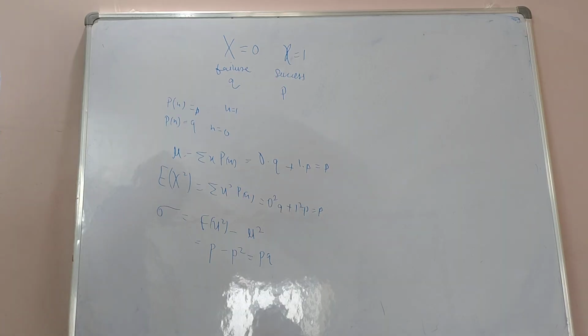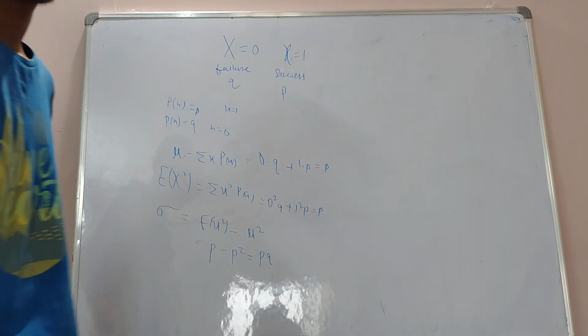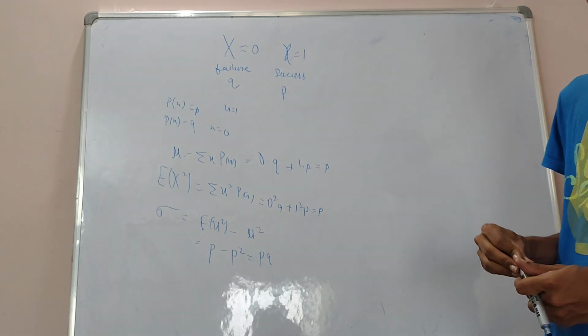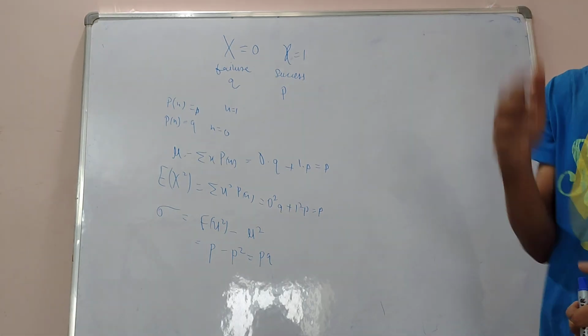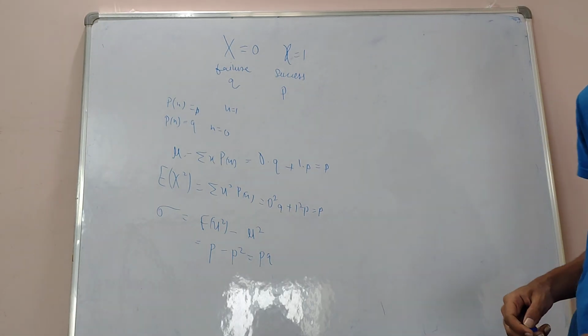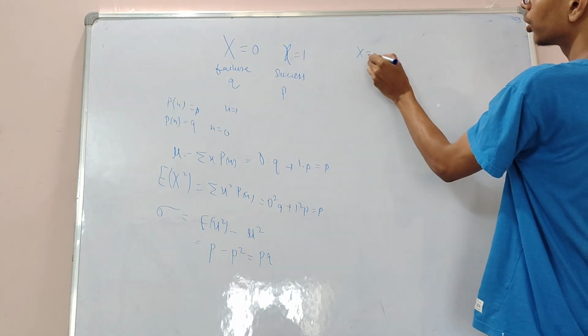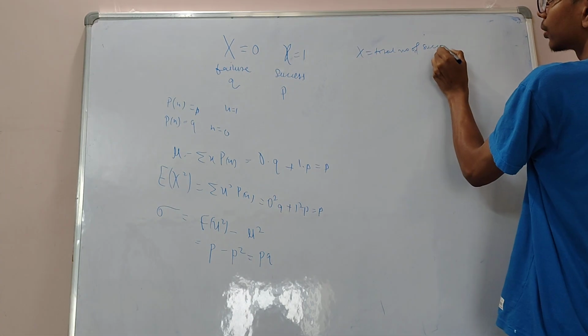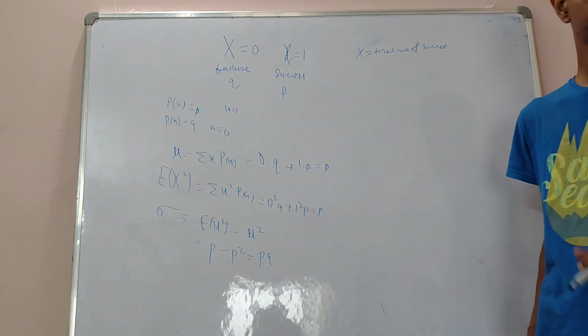Now we will discuss the binomial distribution. Suppose there are n independent Bernoulli trials, each with the same probability p of success, and x is the total number of successes.